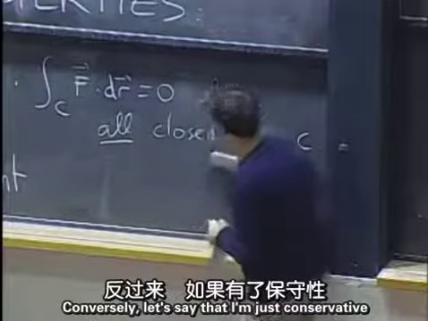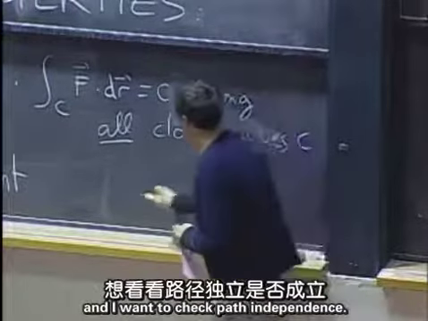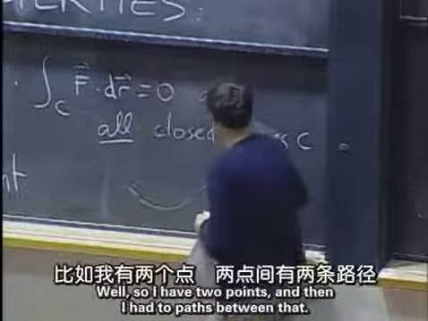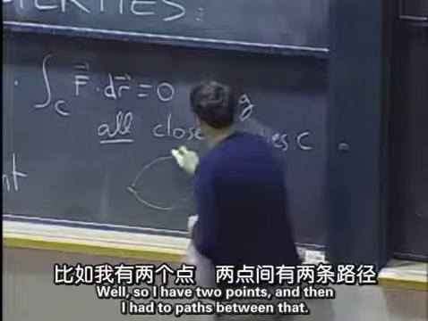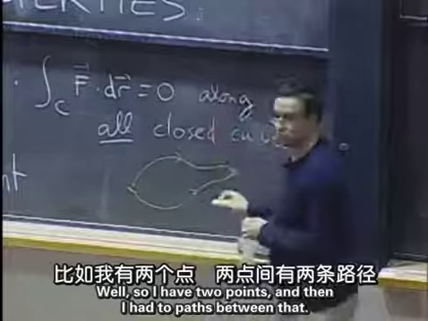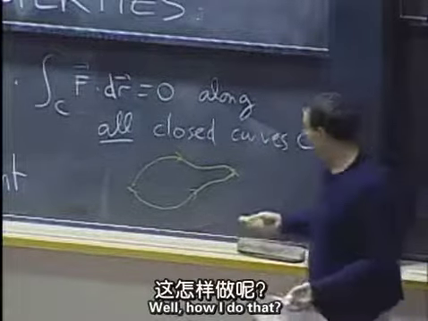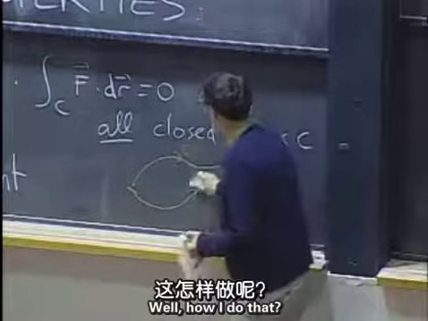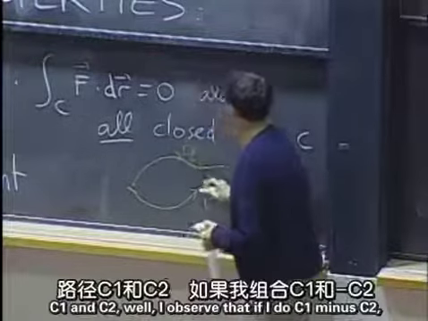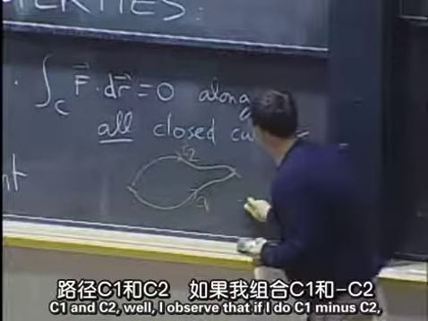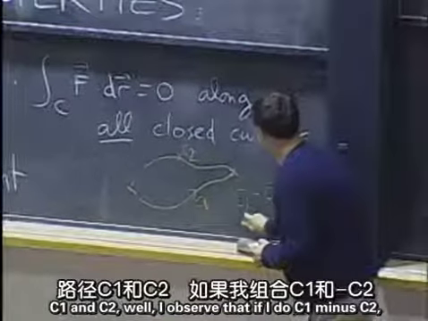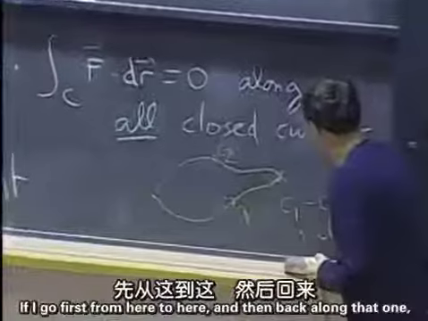So if I'm path independent, then I'm conservative. Conversely, let's say that I'm just conservative, and I want to check path independence. Well, so I have 2 points, and I have 2 paths between them, C1 and C2. I want to show that the work is the same. Well, I observe that if I do C1 minus C2, I get a closed path.